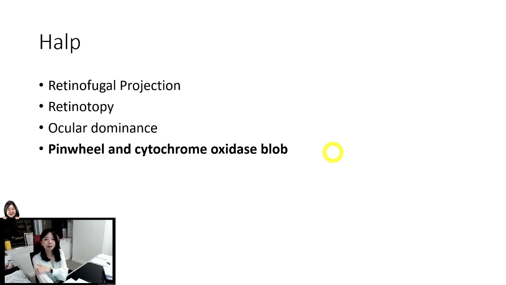Oh yes, the last point here has to do with the pinwheel and cytochrome oxidase blobs. So we've talked about, well, this wasn't a point here, but of course the first thing we talked about was orientation columns across cortex. And then the second thing we talked about a little bit was the eye preference columns, right?